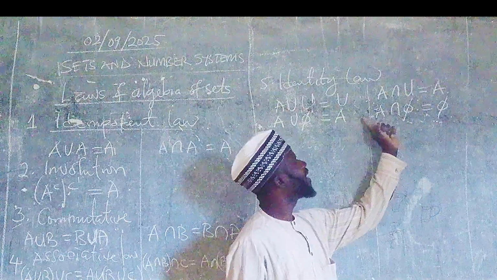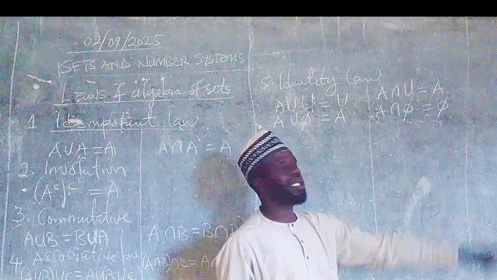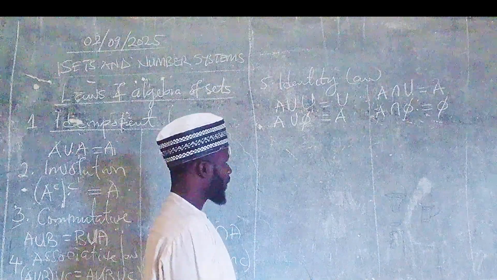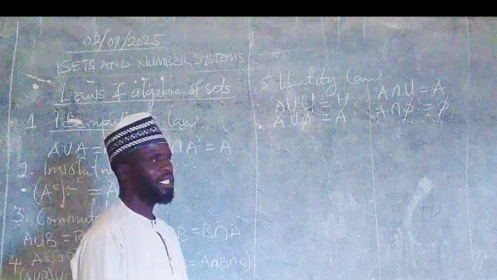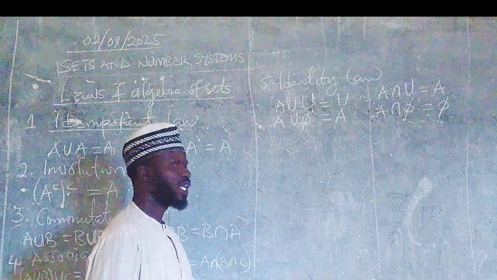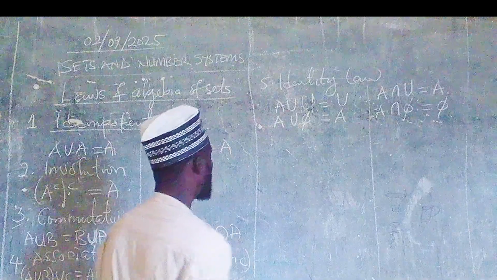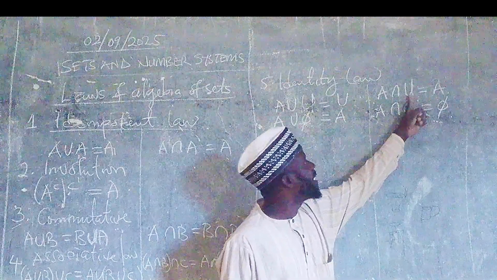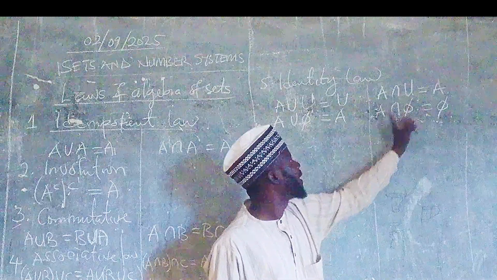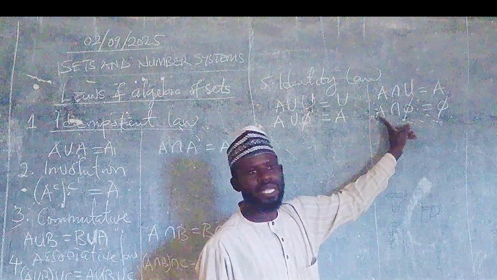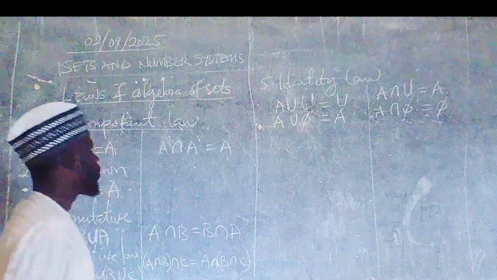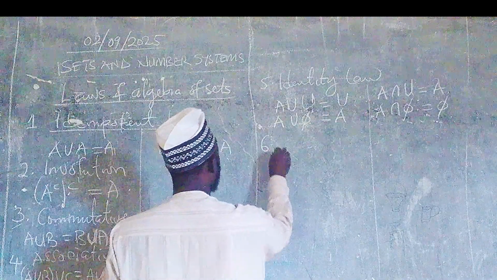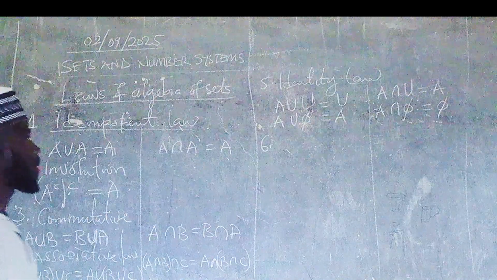So here, the identity is the universal set, and the identity here is A. Now we are going to take De Morgan's law.